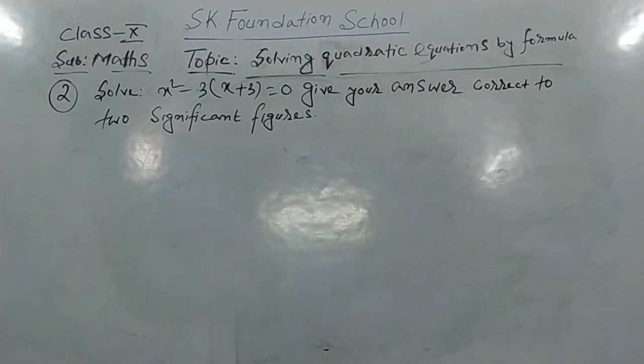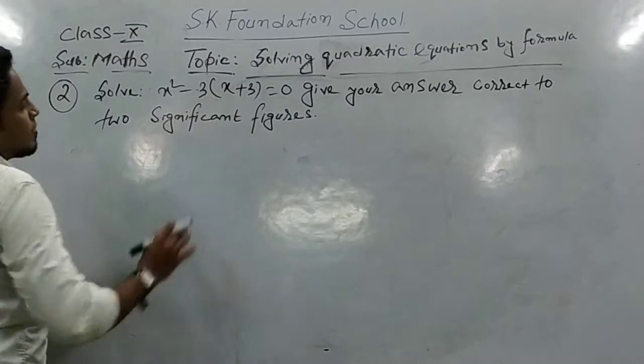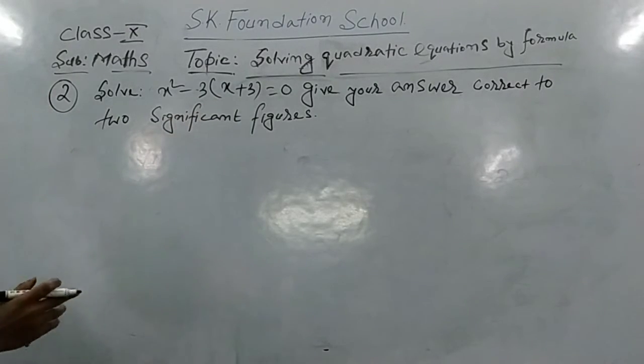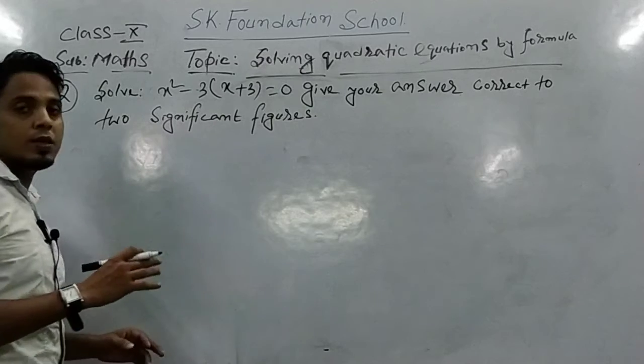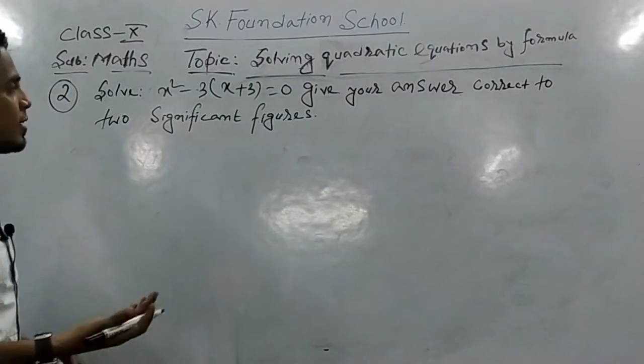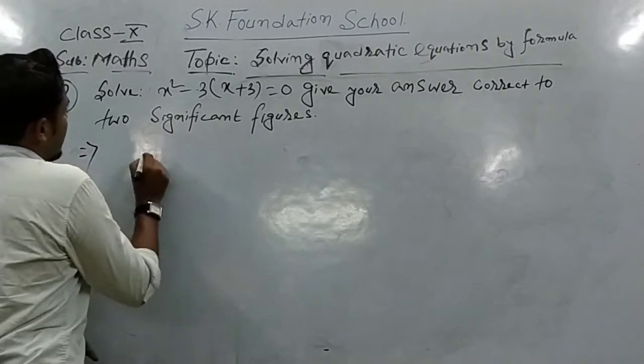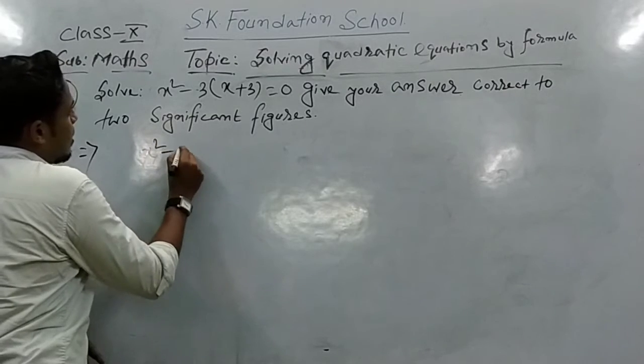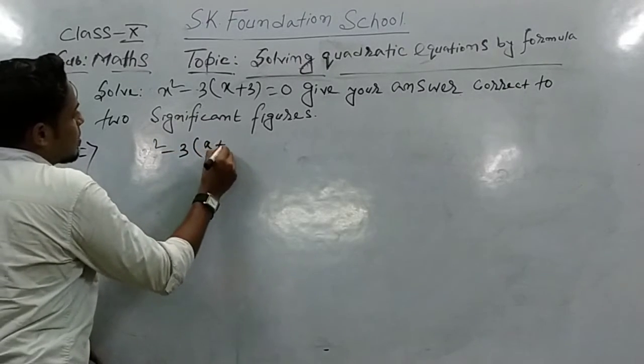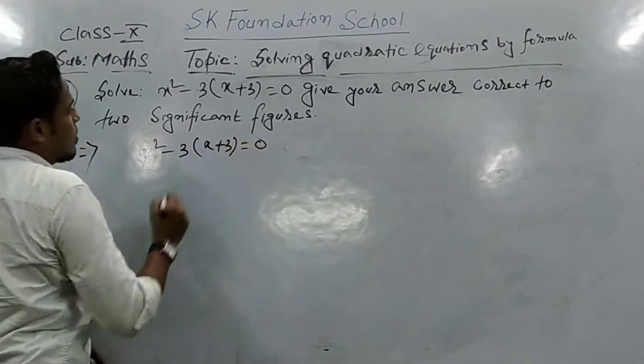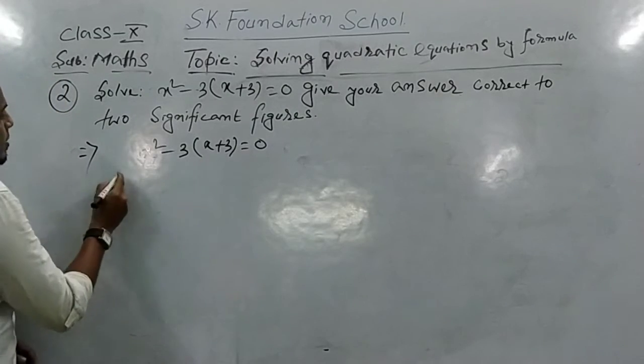So this is the question. First, we are going to compare this equation with the standard form, that is the standard equation ax square plus bx plus c. So our equation is x square minus 3x plus 3 equals to 0.